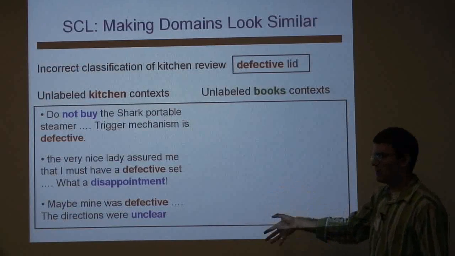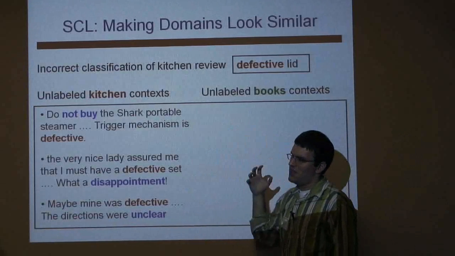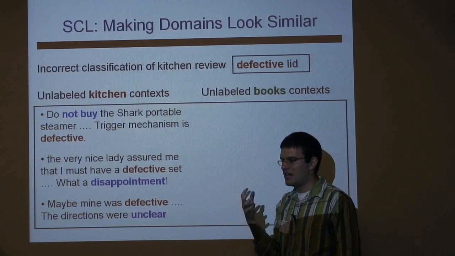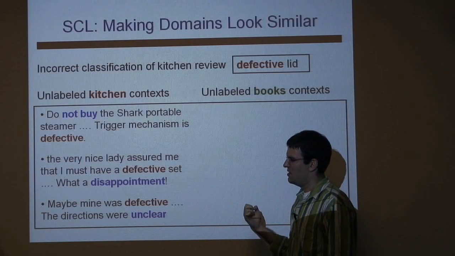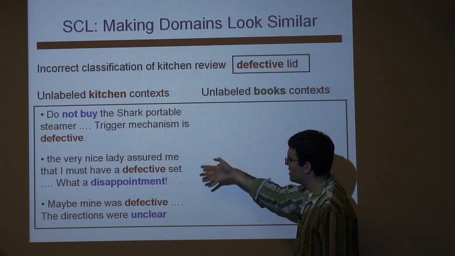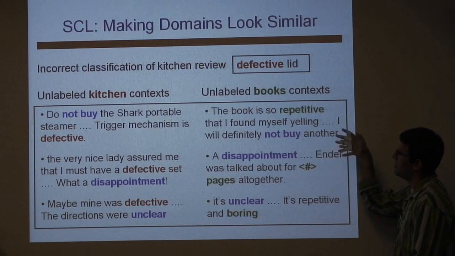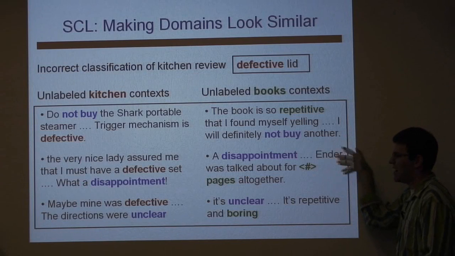"The directions were unclear." The words I picked here in blue are things that could be methods for expressing negativity about either books or kitchen appliances. So let's look up these words in the book context. For "not buy": "The book is so repetitive that I found myself yelling. I will definitely not buy another."